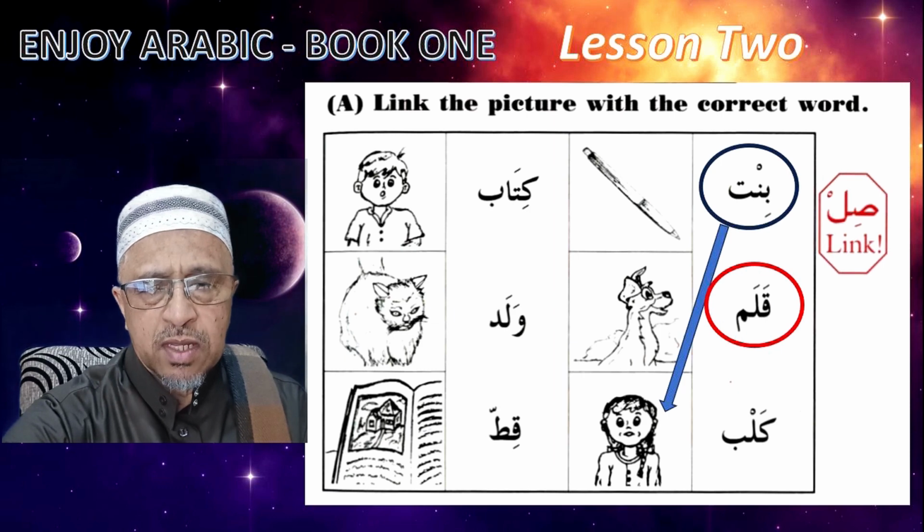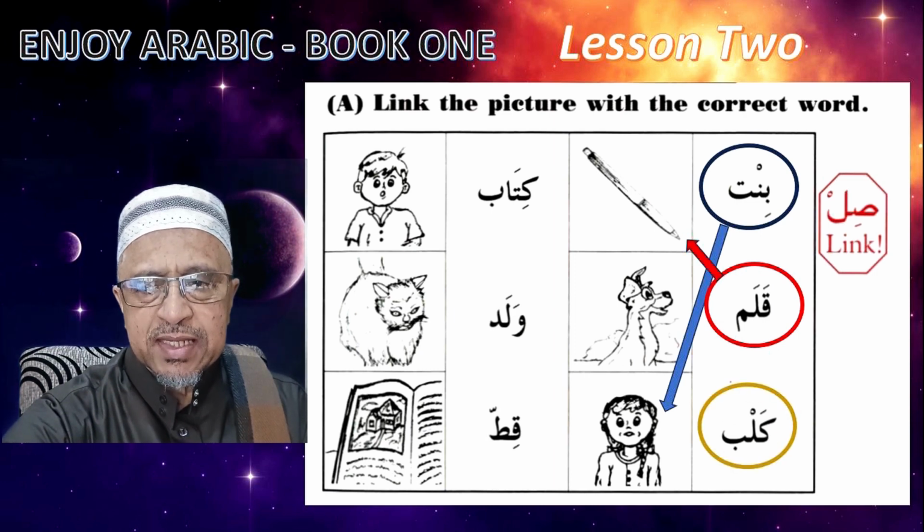And we said qalam refers to a pen, of course. That's the first picture. And then on the right hand side at the bottom we have the last word there, kalb. And kalb, of course, refers to a dog. There you see the picture of the dog.